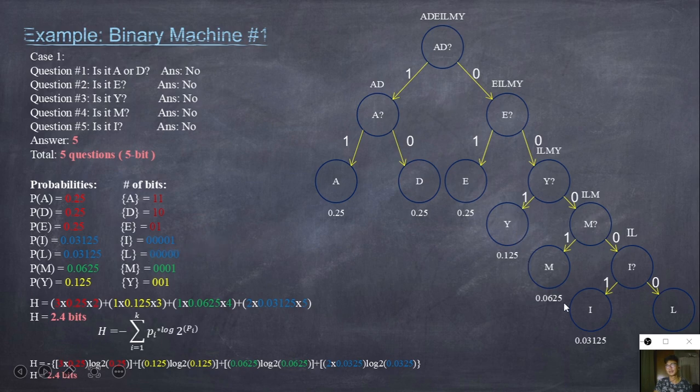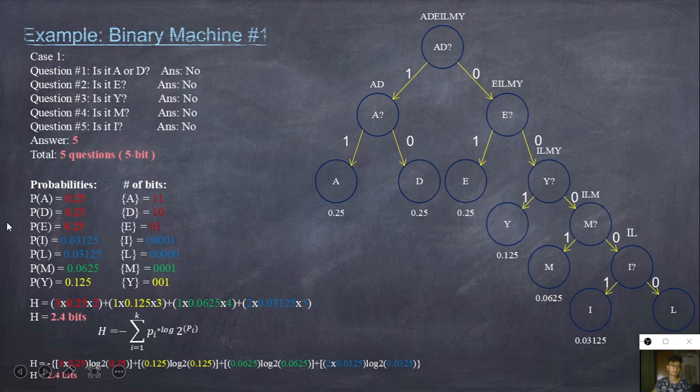For L, it is 0, 0, 0, 0, 0. For M, the path is 0, 0, 0, 1. For Y, it is 0, 0, 1.